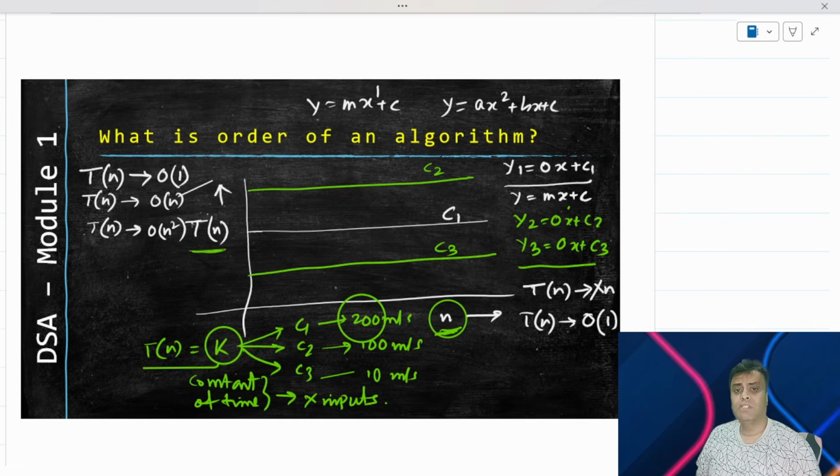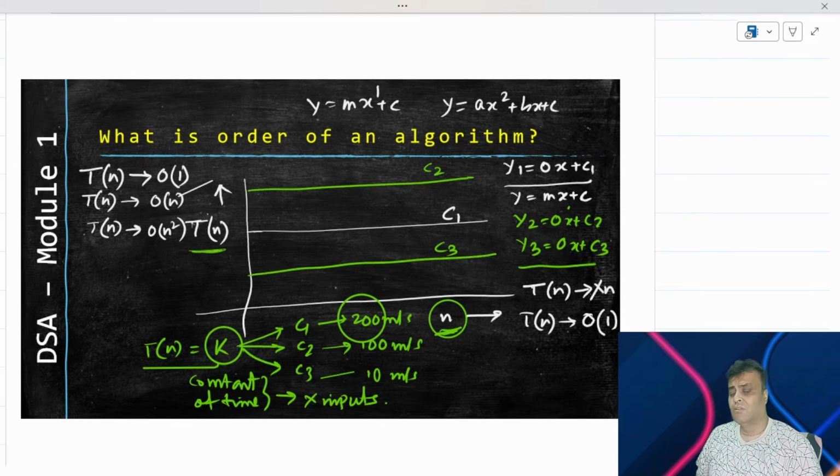We have also established the fact that if it changes with the inputs, it changes according to some asymptotic equation, and that asymptotic equation defines the order of that polynomial. So if the equation is y equal to mx plus c, a straight line, linear, then the order is order of n.